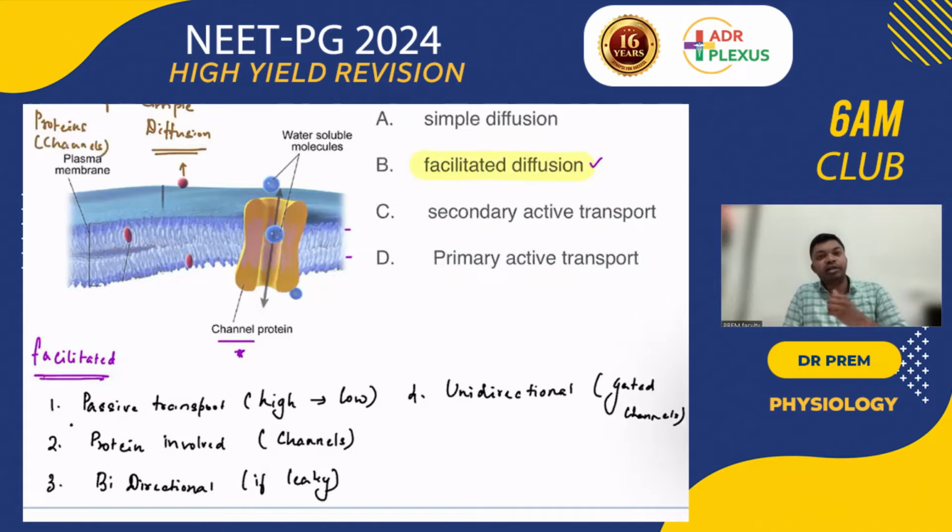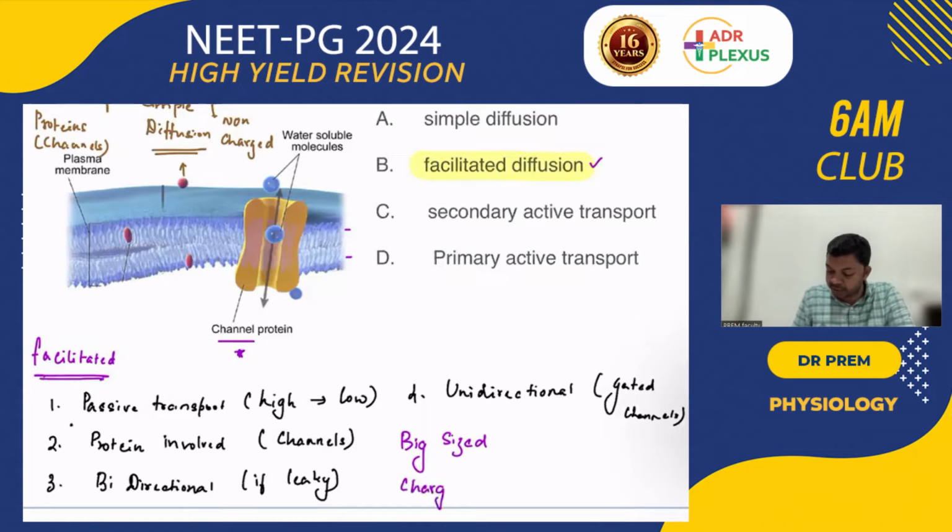The molecules that are getting transported by simple diffusion are very small in size, number one. Number two, these molecules will be non-charged. They are neither positively charged nor negatively charged. They are very, very small molecules as well as non-charged molecules. On the other side, facilitated diffusion transports molecules which are big in size, as well as usually charged molecules.